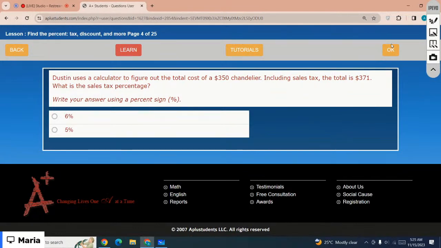And the total price is 371, right? So 21 divided by 371 is, the correct option is 6%.